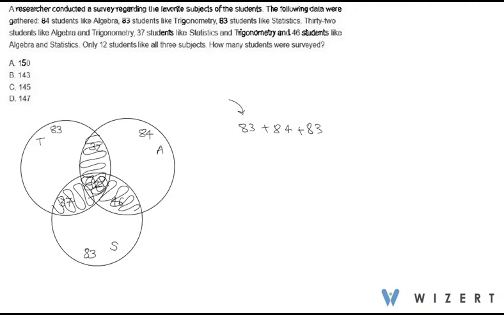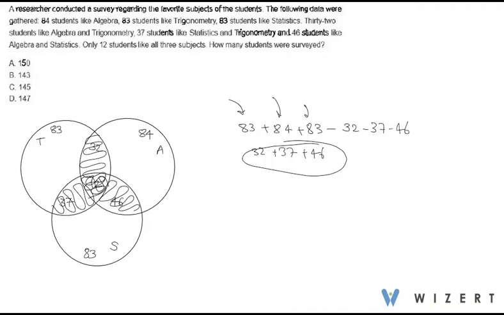Already in these numbers, there is already 32 plus 37 plus 46 added here. So in order to cancel the extra 32, 37, 46, we'll have to subtract 32 minus 37 minus 46.